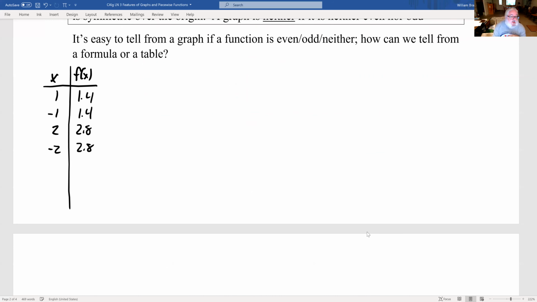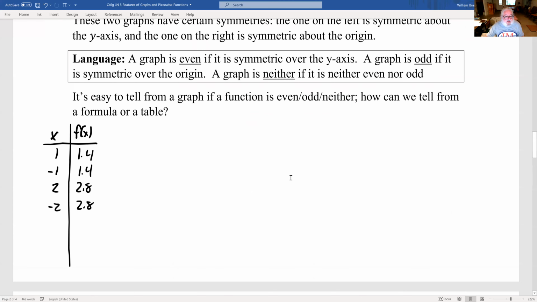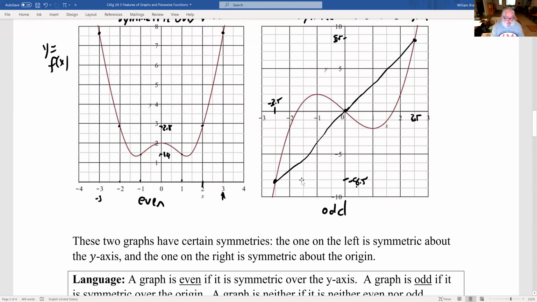We could keep doing this, but no matter what x value I pick, just say an x value here, I will get a y value of whatever this is, and that's f of x.